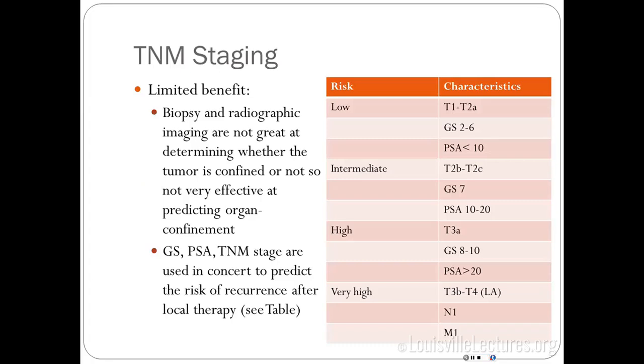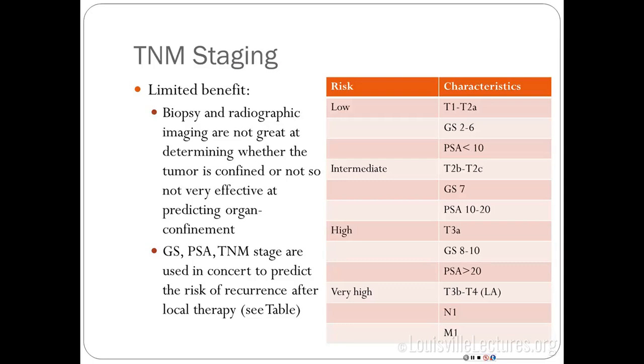So one of the things about prostate cancer is it would be wonderful if we could use that information, just the scans and the transrectal ultrasound, and try to decide whether or not that prostate cancer is confined to the prostate gland or not. That's really, in all of our discussion about prostate cancer, the crux of the discussion, the most crucial thing is whether or not the cancer is limited to the gland.